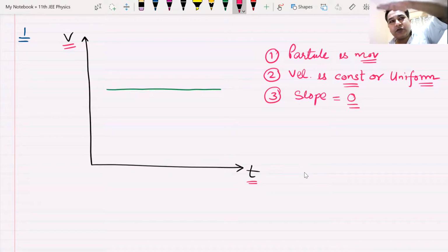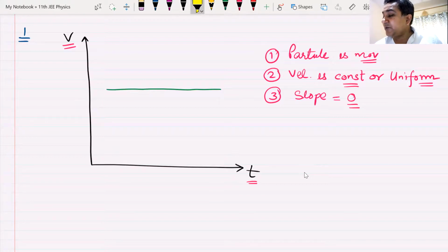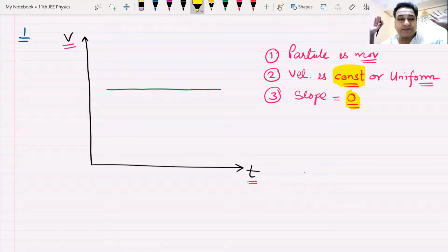It is parallel to the time axis. Yes, Karthik, the slope is zero. You can also understand it from this point that velocity is constant. So the slope of the velocity time graph must be equal to zero. Do we understand this, everyone?